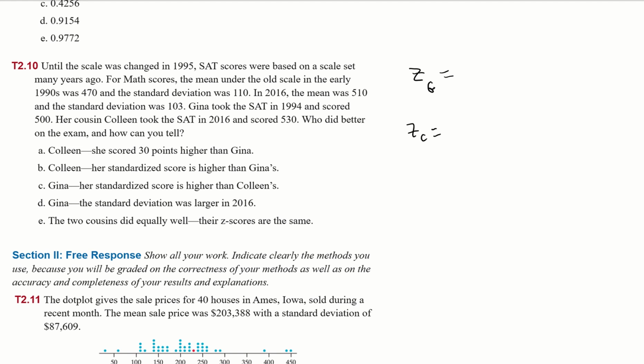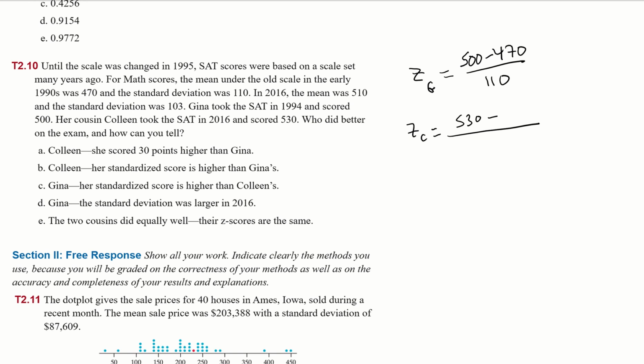All right, Gina took her test in 94. Good old days there. Her score was a 500, the average back then was 470, and the standard deviation back then was 110. Now, Colleen scored a 530. However, the average has increased since then.